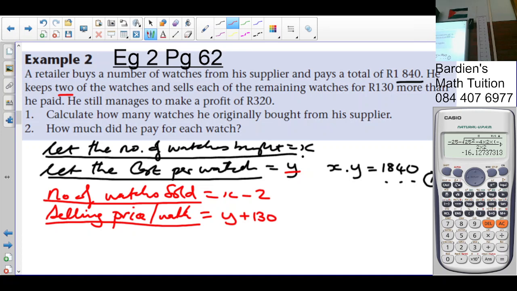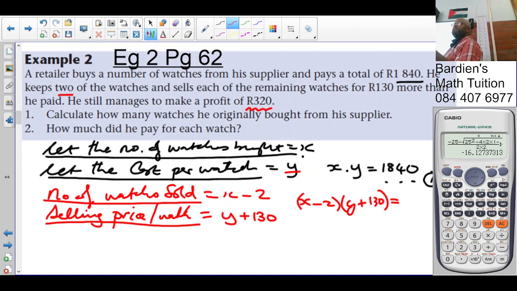He still managed to make a profit of 320 Rand. Which means if I take the number of watches sold, which is X minus 2, and multiply it by the selling price per watch, which is Y plus 130, it gives you an answer of... would it be 320? No. How do you work out profit?